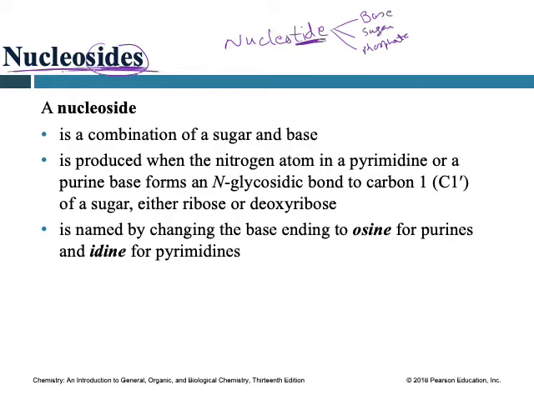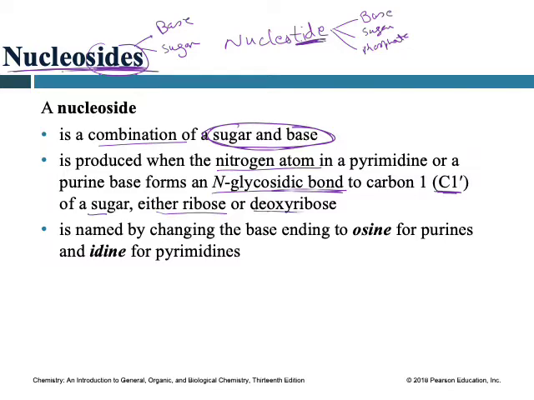But in nucleoside you just have base and sugar. You don't have any phosphate in nucleoside. So nucleoside is a combination of only sugar and base, and it's normally produced when the nitrogen atom in the pyrimidine forms a glycosidic bond to the first prime of the sugar, right? Whether it's ribose or deoxyribose.